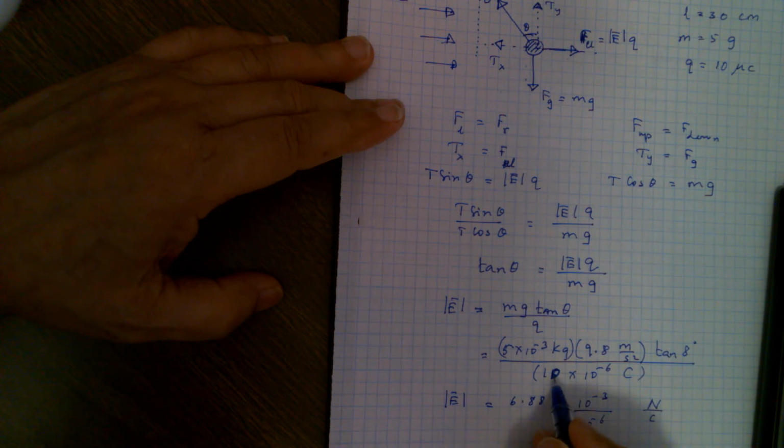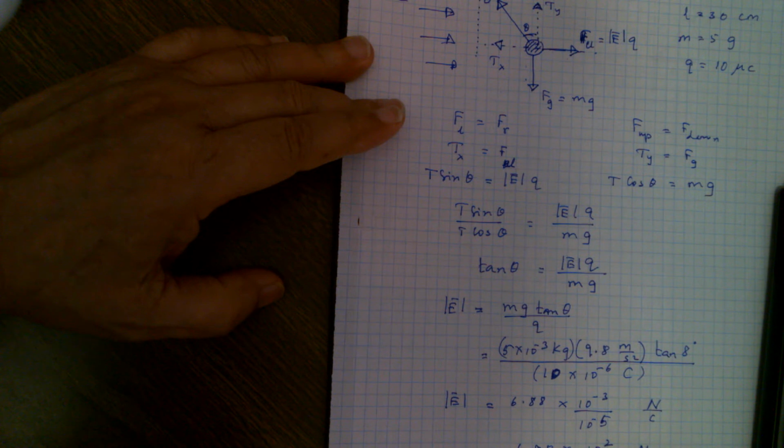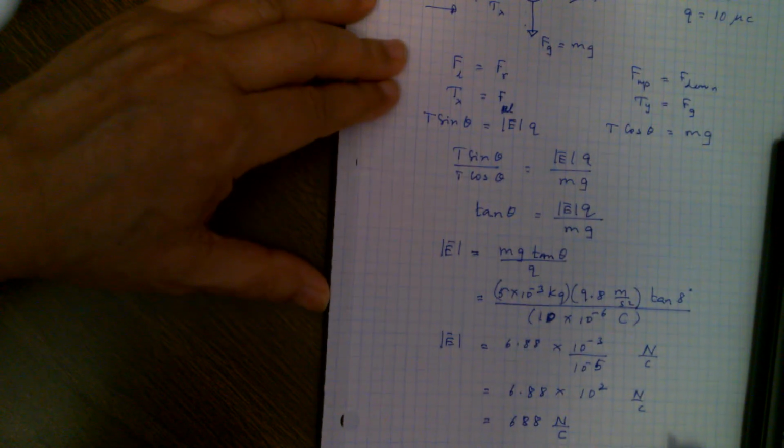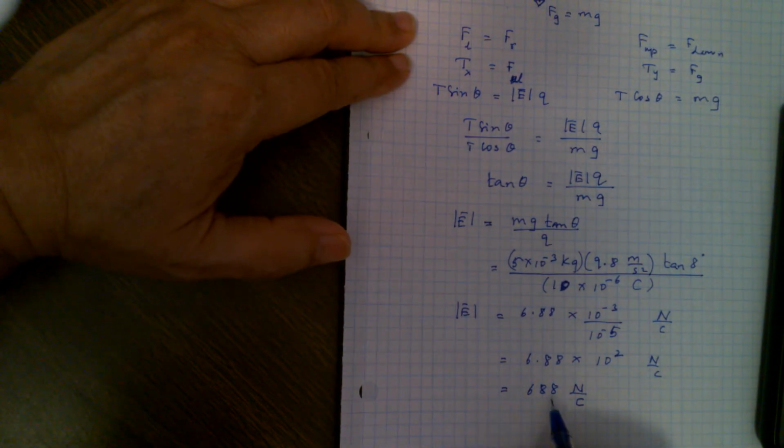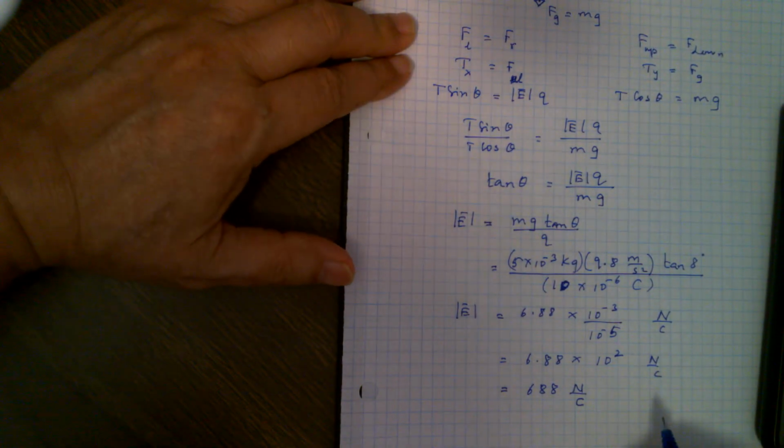Sorry, there's a 10 here, so 10 to the negative 5 newtons per coulomb. So the answer is 6.88 times 10 to the power positive 2 newtons per coulomb. So it is 688 newtons per coulomb. All right? So it is 688 newtons per coulomb. All right? Okay.